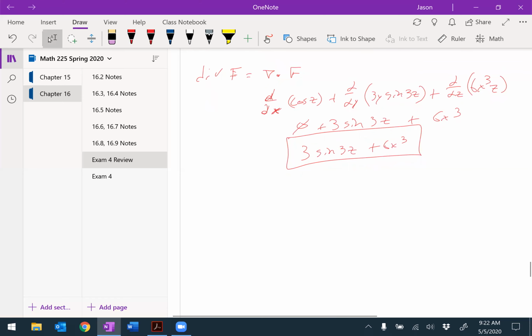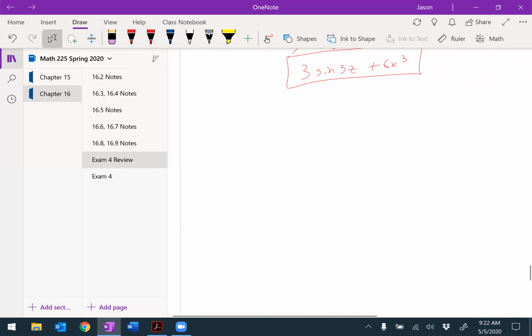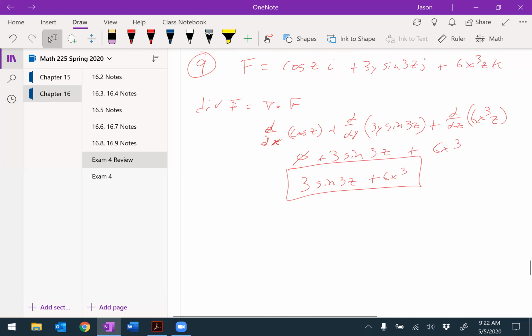Okay. Let's find the curl of this. The curl of f is equal to the gradient crossed with f. So once again, we're going to do ijk, and we're going to get d dx, d dy, d dz.